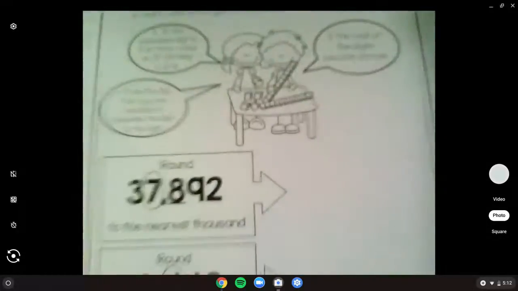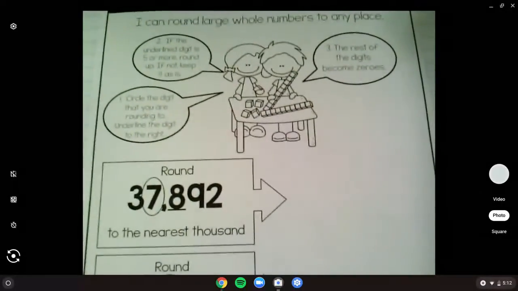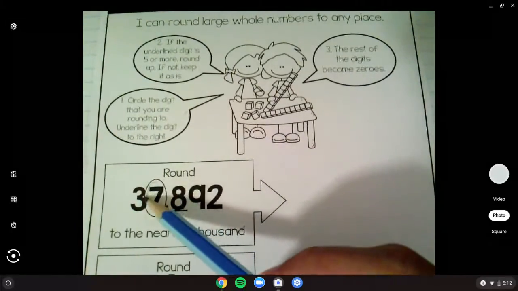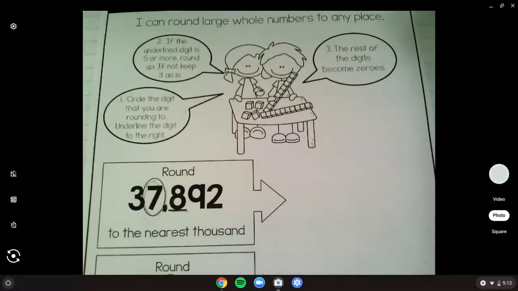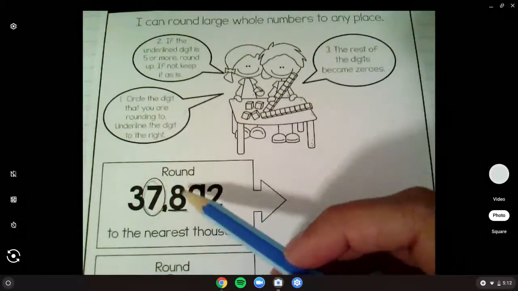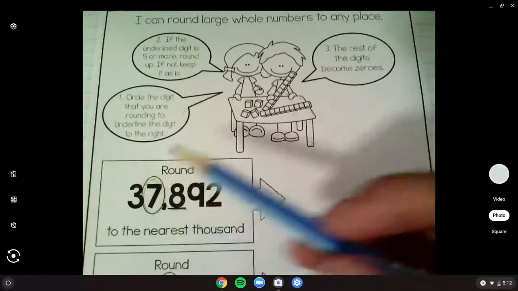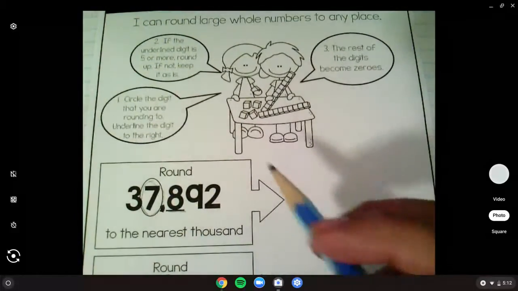So let's try this first one together. We'll keep that up there, hopefully, so we can see that. So first thing I do is circle my digit we're working with and underline next door. Just tracing it to make sure I get in that habit. Now I'm looking at that underlined number. Is it 5 or more? We raise the score. 8 is more than 5.